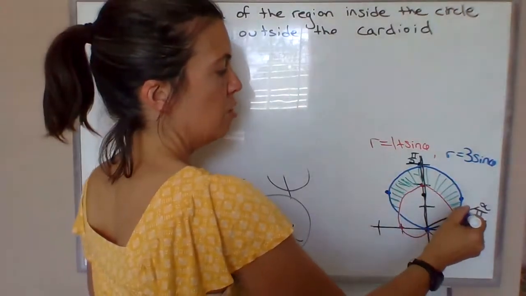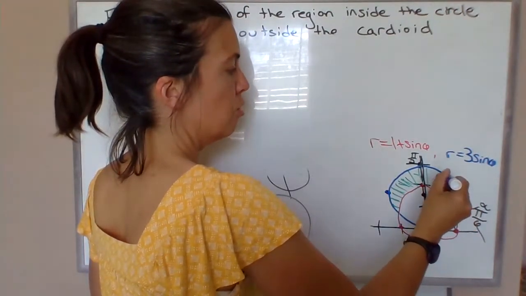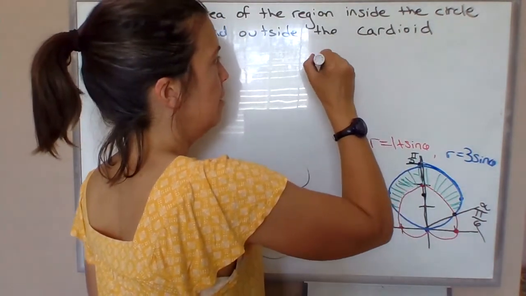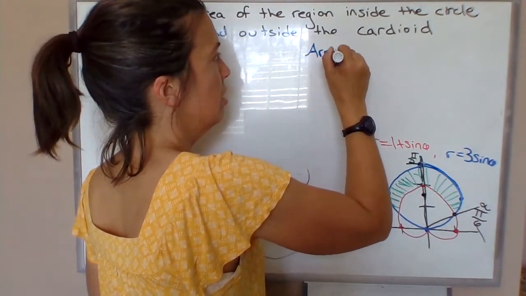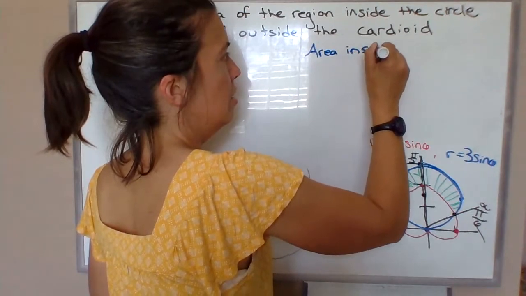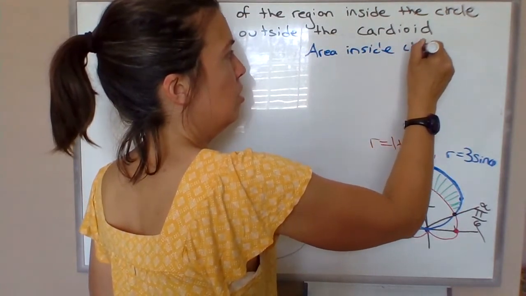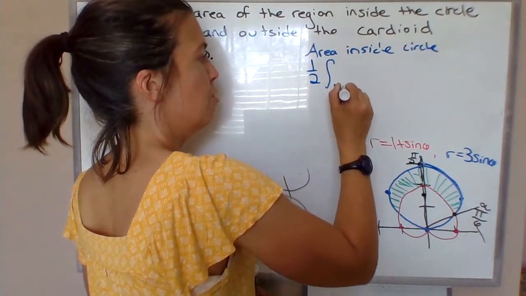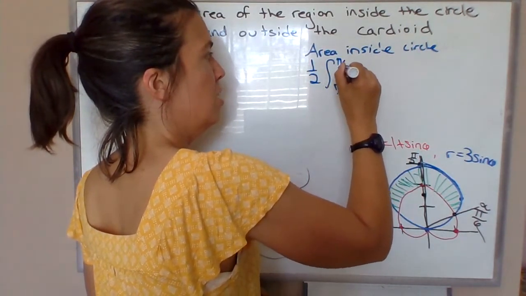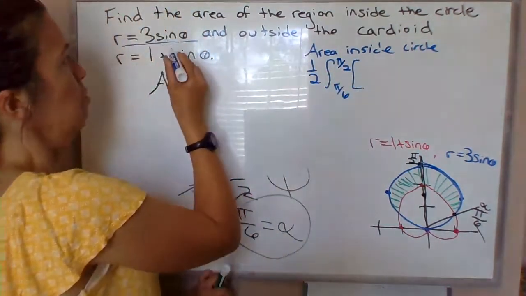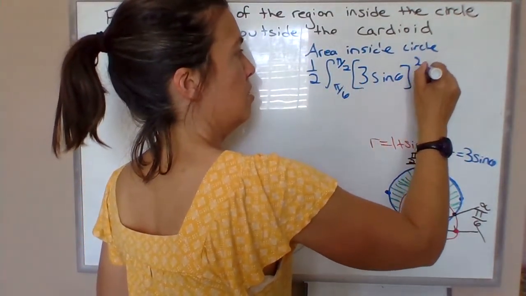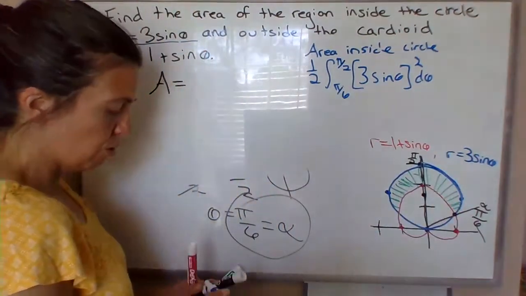So the area inside the circle would be given by 1/2 integral from pi over 6 to pi over 2 of f of theta, which for the circle is 3 sine theta squared d theta. That would give you the area inside the circle.